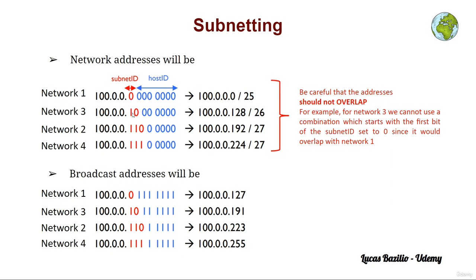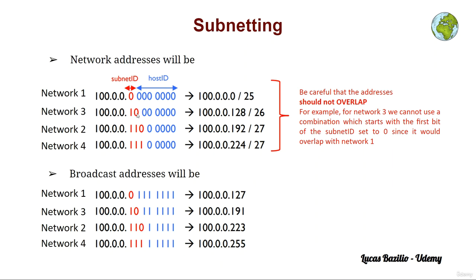That's why we need to use a 1 on network 3. 0 would overlap with network 1. So on network 3, we have 6 bits of the host ID, and then 2 bits of the subnet ID, and here we use the combination 1, 0. So no other network, regardless of the number of the subnet ID bits, can have the initial combination 1, 0. This is an identifier of network 3.